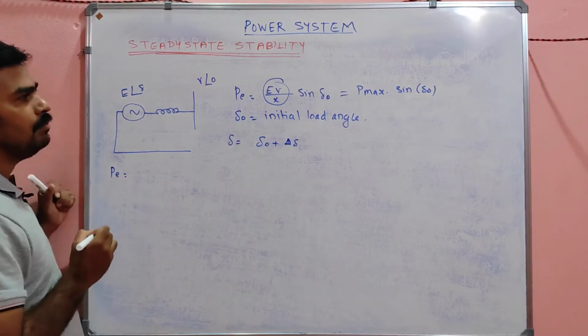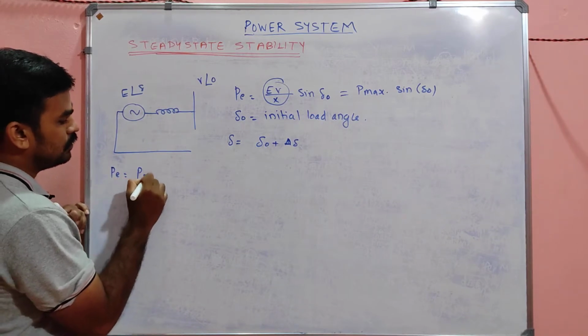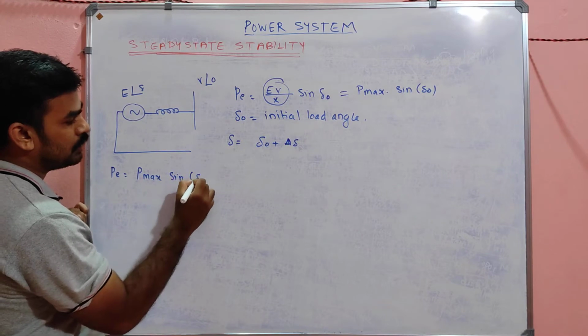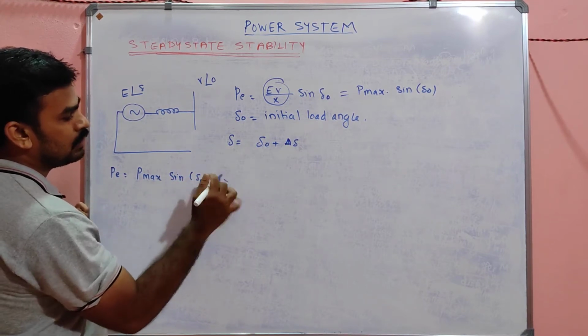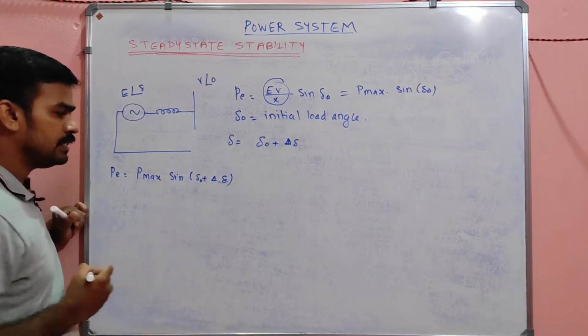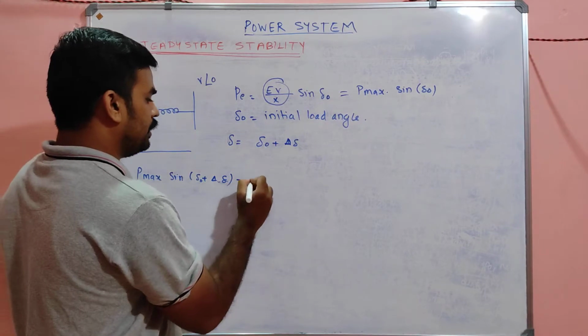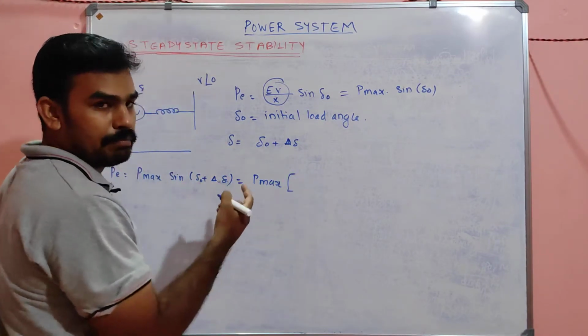So what will be the new power? The new power will be P equal to P max into sin of del 0 plus delta del. Is it correct? It can be expanded: P max into, what is sin A plus B?